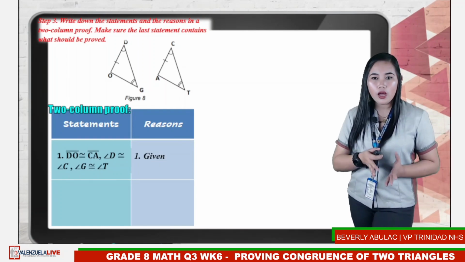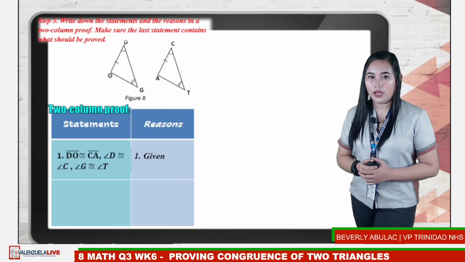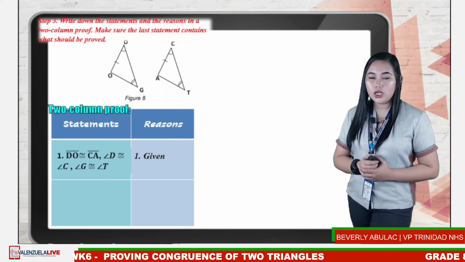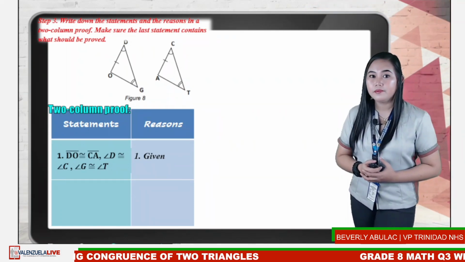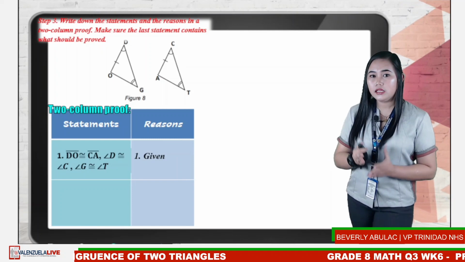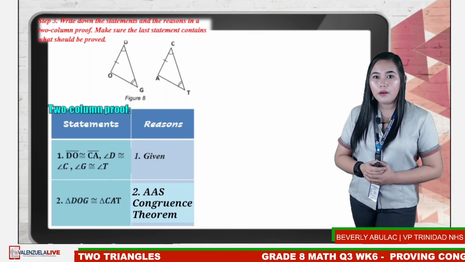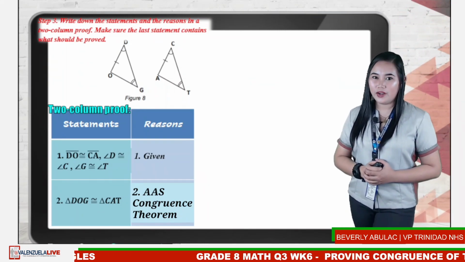So, segment DO is congruent to segment CA. Angle D is congruent to angle C. Angle G is congruent to angle T. So, what is the reason? The given. Next, from that, triangle DOG is congruent to triangle CAT by AAS congruence theorem.